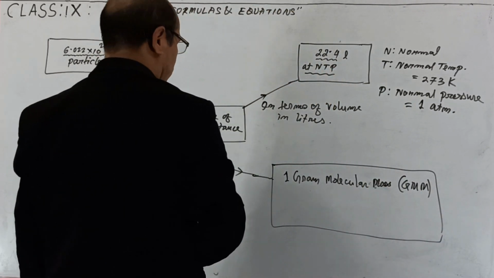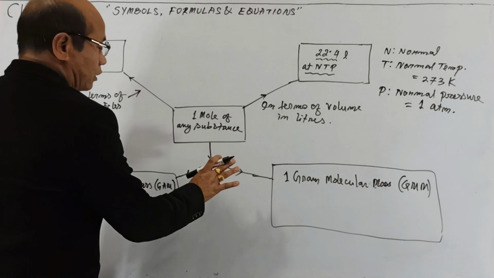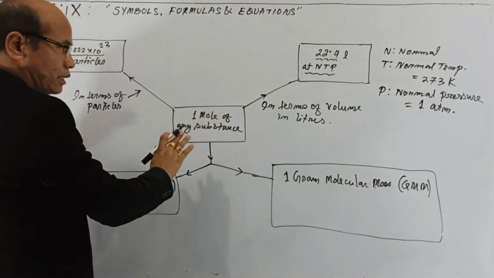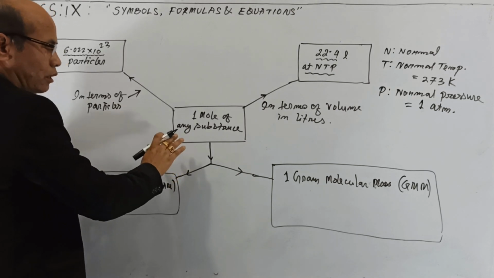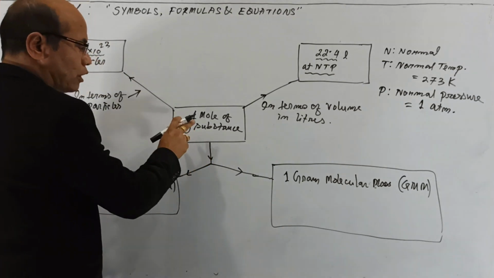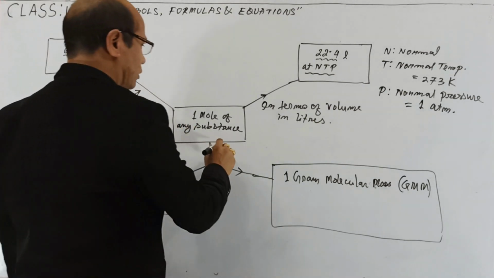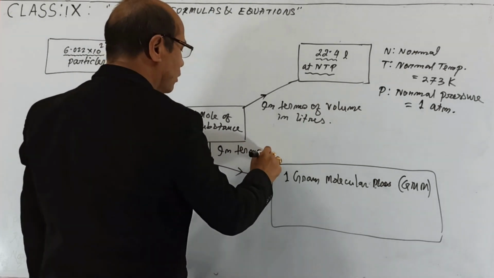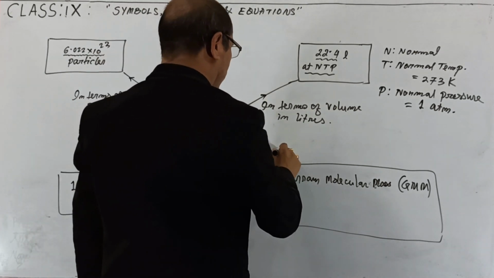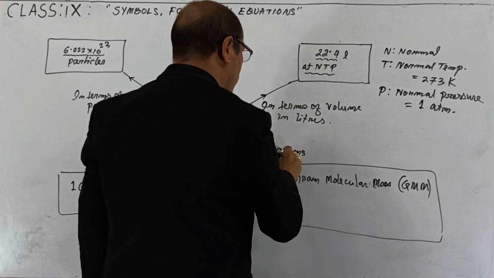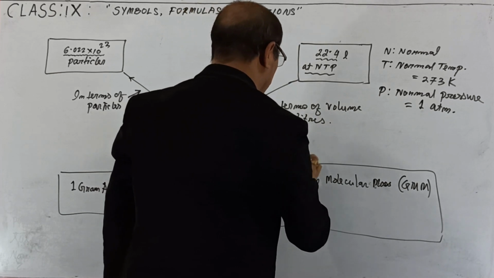So this is the first information, and this is the second information, and this is the third information. The third information is for converting 1 mole of any substance in terms of grams. Grams means mass.